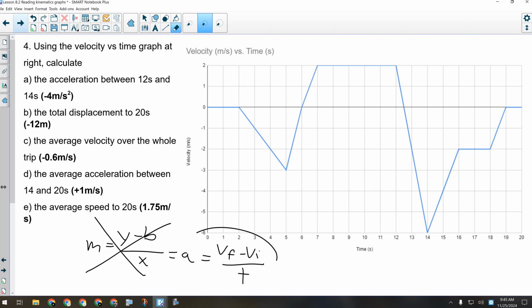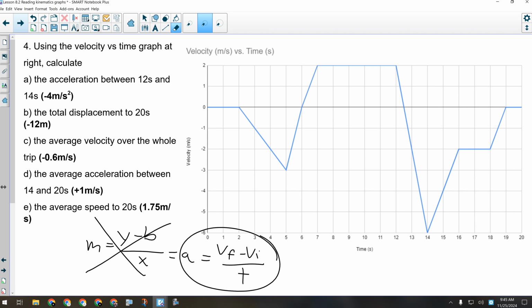But can I get all of these numbers off of this graph? Yes. If I'm looking at A here, where they want to calculate the acceleration between 12 and 14 seconds, I need to know how fast it's going at 12, how fast it's going at 14, and how much time is there between 12 and 14 seconds? 2 seconds.